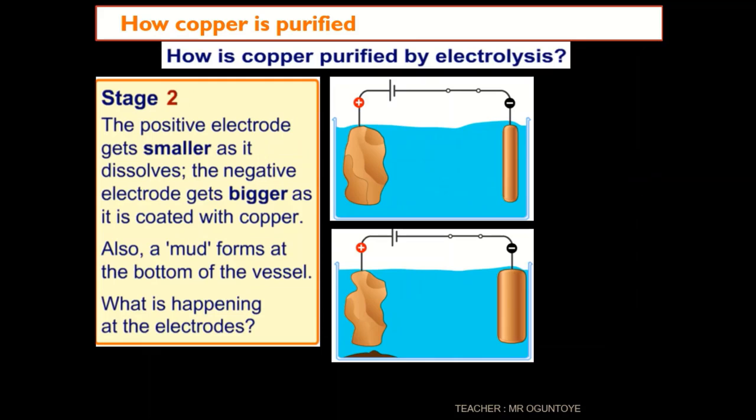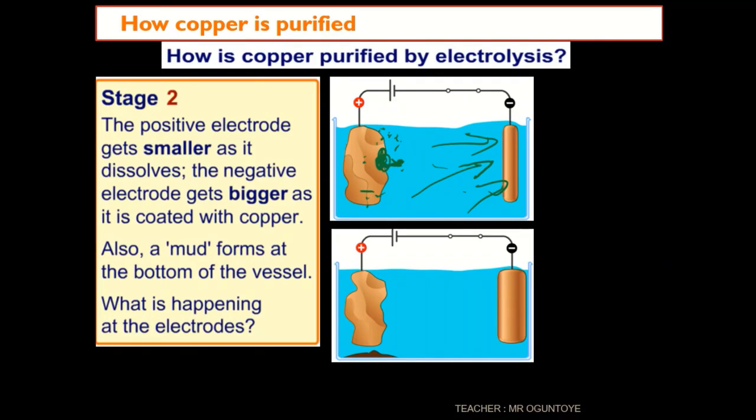Okay, so now when the circuit is connected, there's going to be a kind of migration, from this particular impure copper to the pure copper part of this. Okay, because in solution here, copper will migrate towards the negative electrode. That's what is expected.